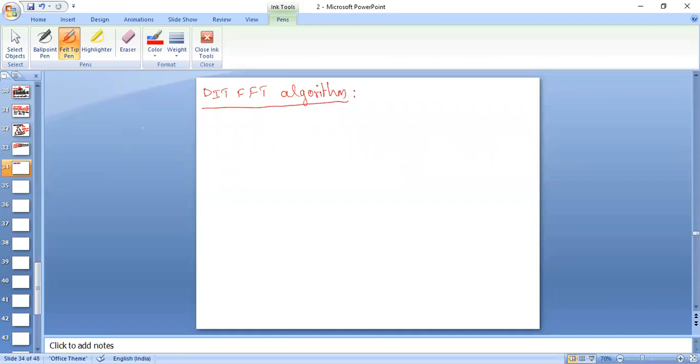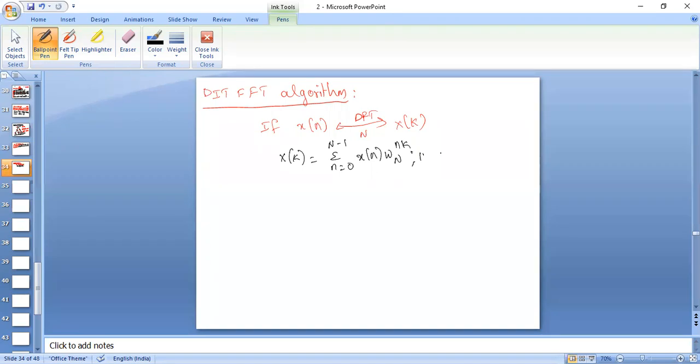Okay. In this DIT FFT algorithm, if x of n has n point DFT of x of k, then x of k is equal to sigma n is equal to 0 to n minus 1 x of n into omega n power nk, where k is equal to 0, 1, so on n minus 1. Right?